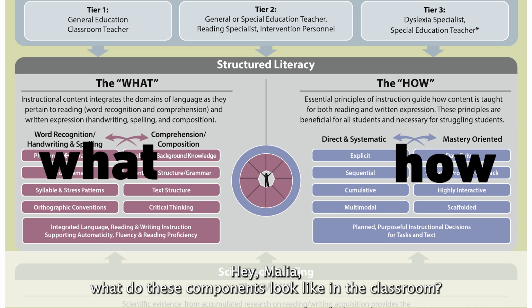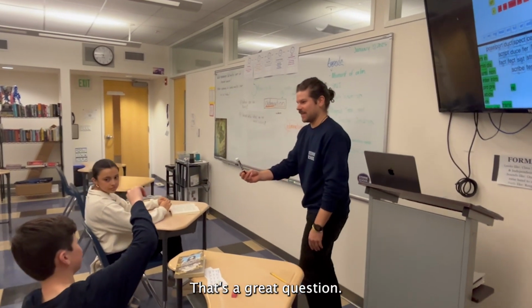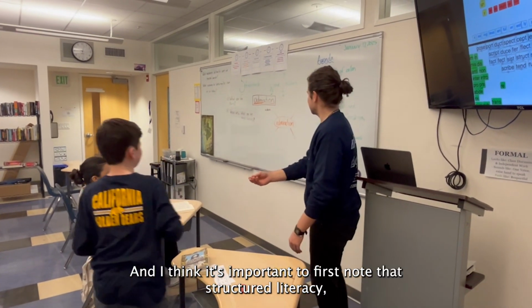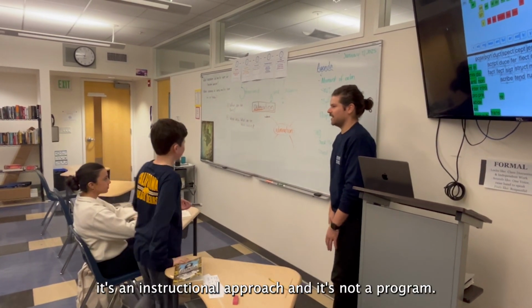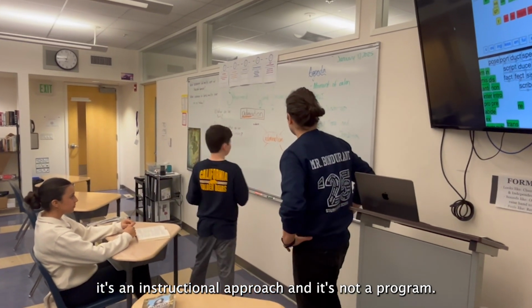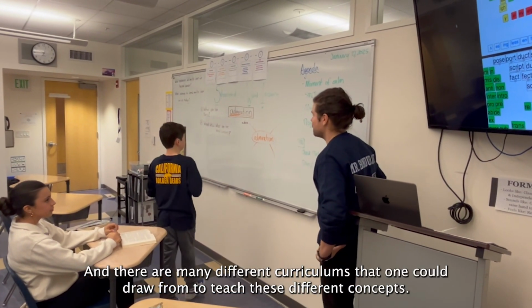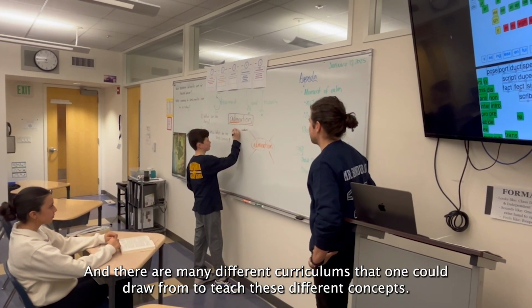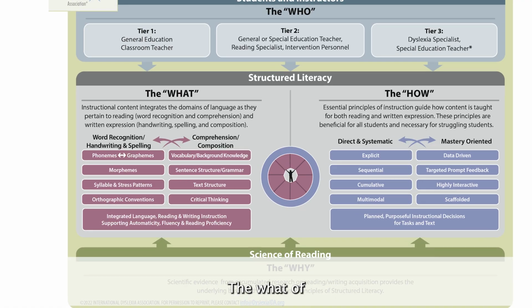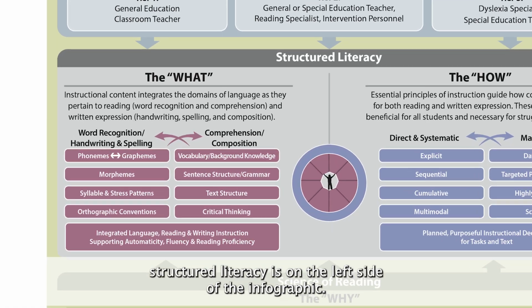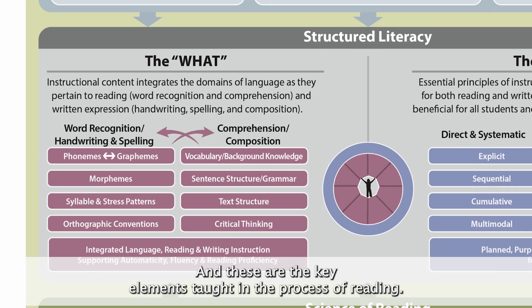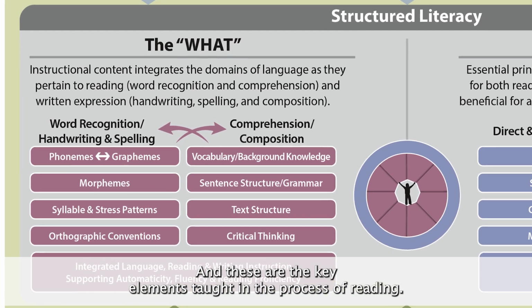Hey, Malia, what do these components look like in the classroom? That's a great question. And I think it's important to first note that structured literacy is an instructional approach and it's not a program. There are many different curriculums that one could draw from to teach these different concepts. The what of structured literacy is on the left side of the infographic, and these are the key elements taught in the process of reading.